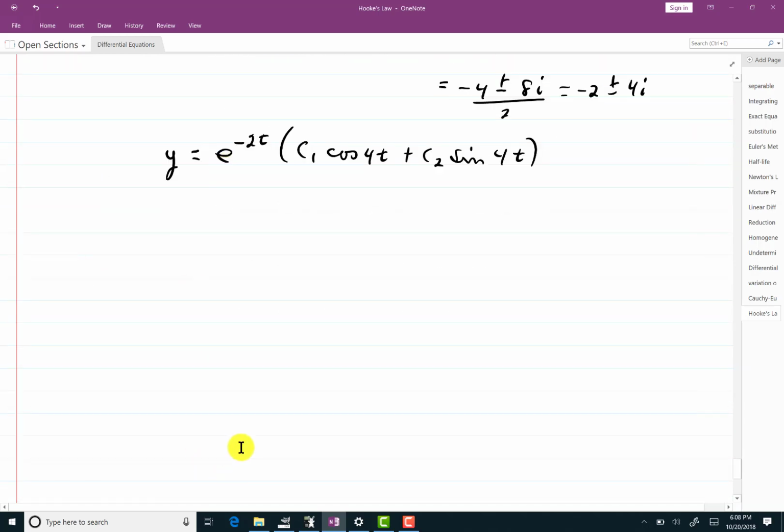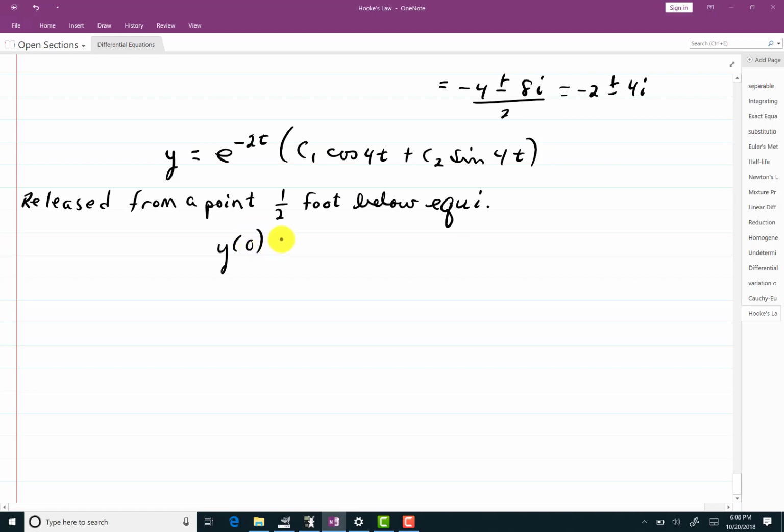The next thing I'm looking to do is we had released from a point 1/2 foot below equilibrium. So what does that mean? That means that y of 0 equals 1/2. It's positive because it's below equilibrium.